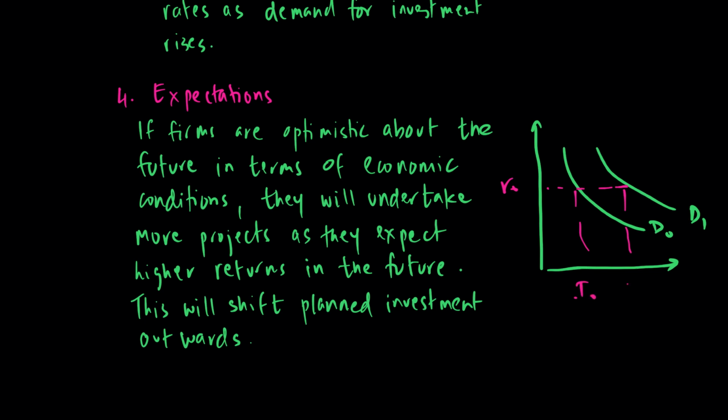And why are we investing more? Firms are more optimistic about the future. They have better business expectations, and those higher business expectations mean they are expecting more profits to happen in the future.